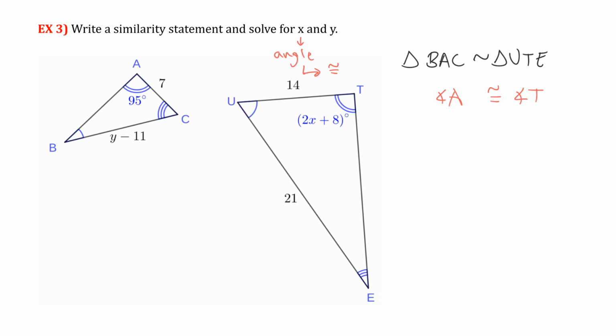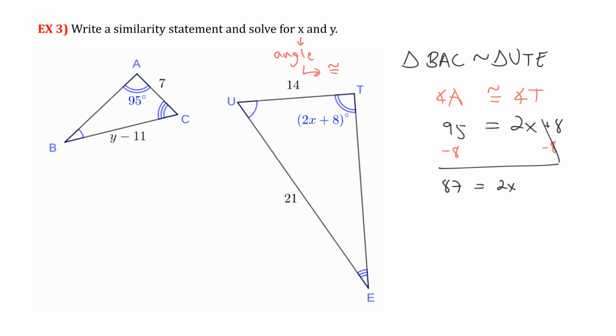Again, because two objects are congruent, this means that their measurements are equal. So I can substitute in angle T is 2x plus 8 degrees, and this is going to be equal to angle A, which is 95 degrees. Now from here, we just solve using some algebraic steps. To get rid of that plus 8, we're going to subtract 8 on both sides. This gives us 87, which is equal to 2x, because plus 8 minus 8 becomes 0.